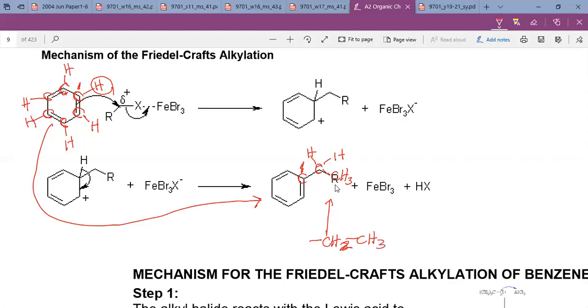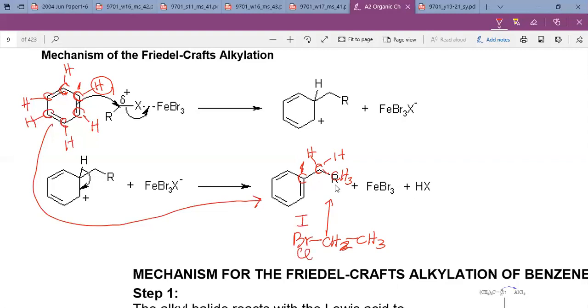So what do I do here? Very simple. I need an alkyl halide, a halogenoalkane, to go inside, and I need to remove the chlorine or the bromine. So I start with a Br, a Cl, or an iodine.